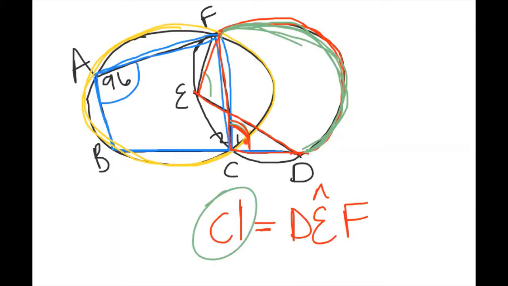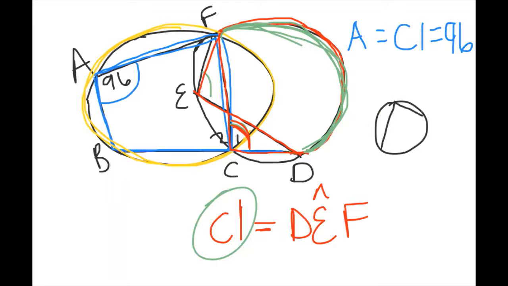Now we need C1, so let's go back to the blue quadrilateral. Angle A equals C1, and that equals 96. Why? We use this rule: if you have a circle and a quadrilateral inside it with the outside angle, then this angle here equals that angle over there.